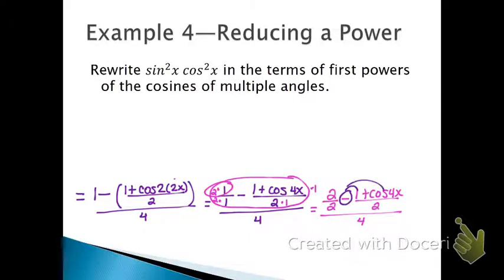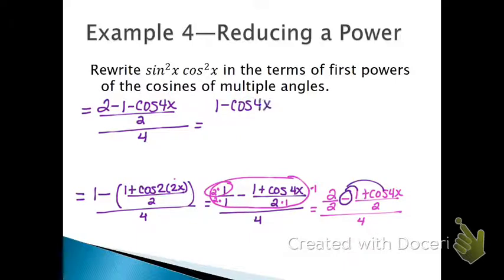So we have 2 minus 1 minus cosine of 4x all over 2, the common denominator, all over 4. Combine the like terms there on top. 2 minus 1 is 1.